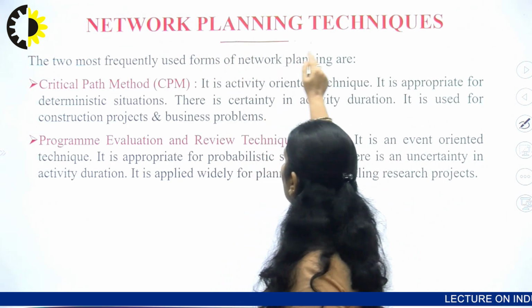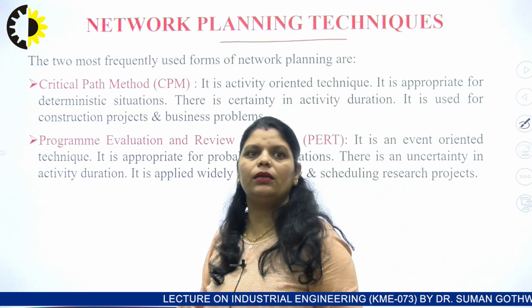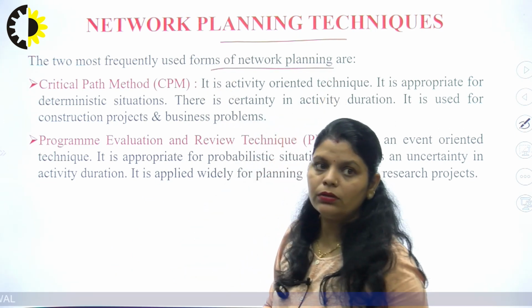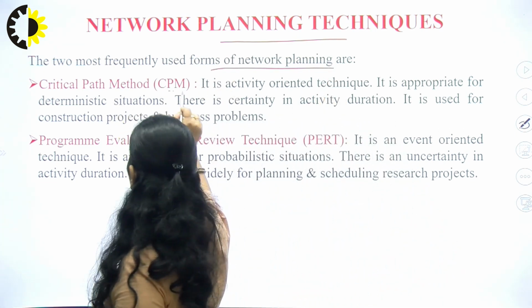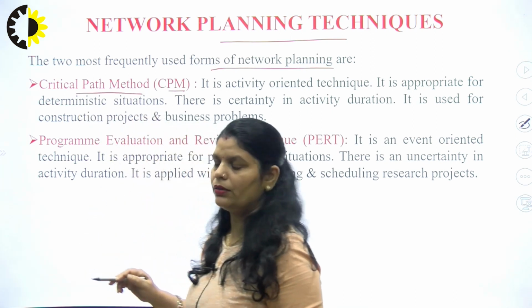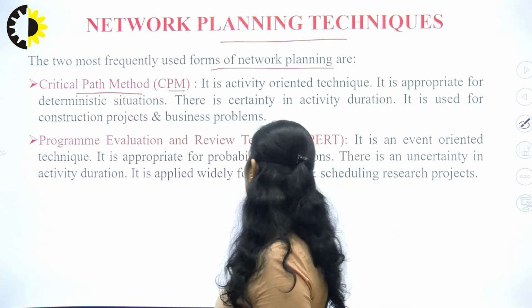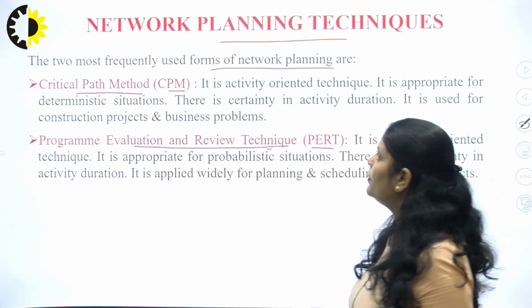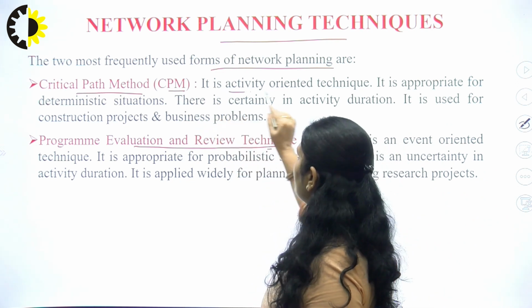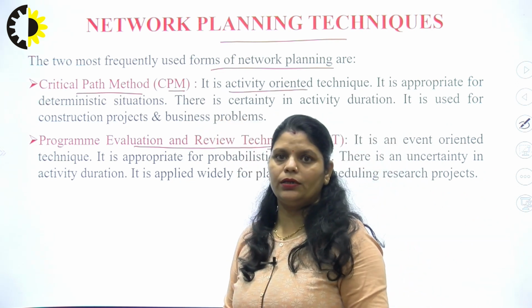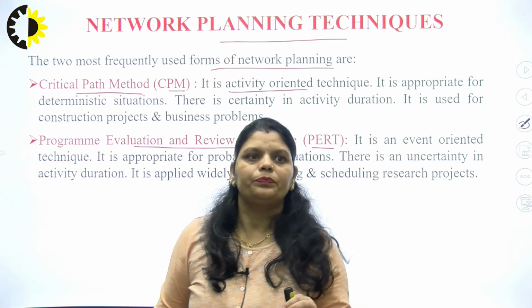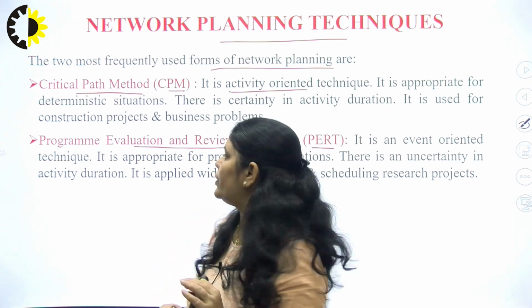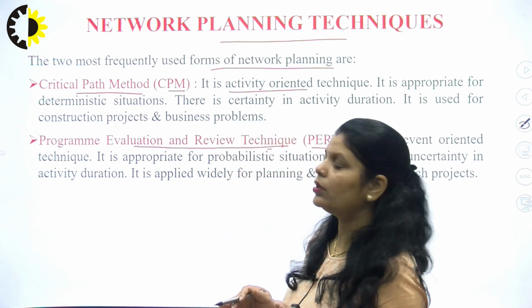Now we come to the network planning techniques. There are basically two types of techniques which are widely used for network planning. First one is the CPM, which is known as the critical path method, and the second one is the PERT, that is the program evaluation and review technique. Okay. Now what is CPM? CPM is basically an activity oriented technique, and there will be a particular activity duration for each activity involved in a project.